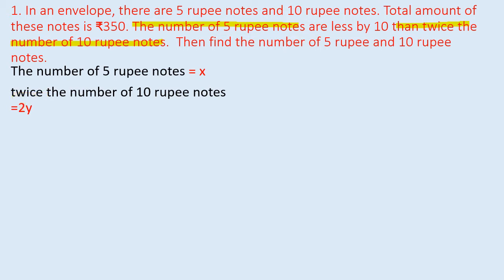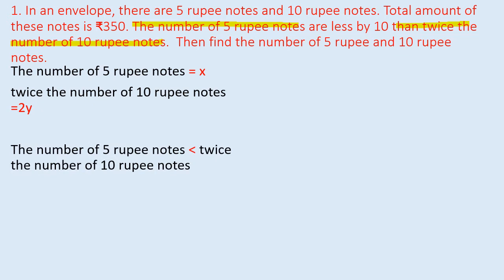Then what is given here? The number of 5 rupee notes is less than twice the number of 10 rupee notes. So 5 rupee notes are less and 10 rupee notes are more. And by how many is it less?